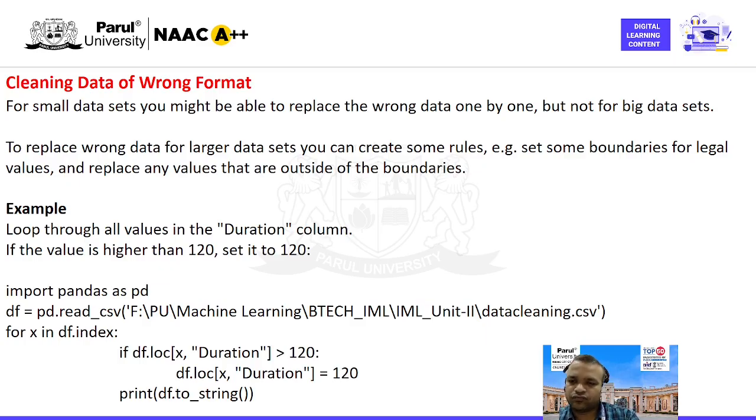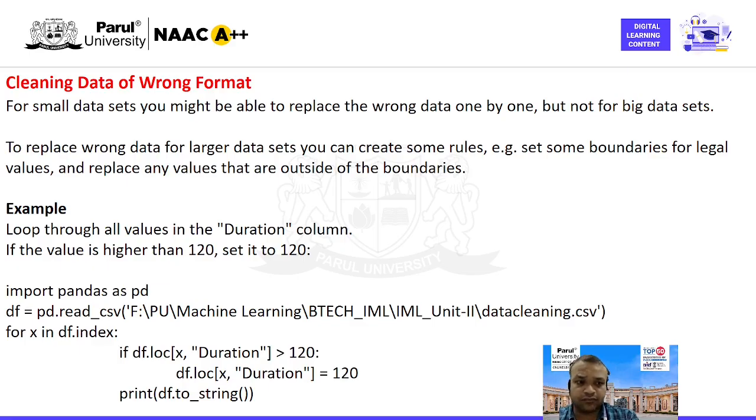Cleaning data of wrong format. For a small data set, you might be able to replace the wrong data one by one, but not for a big data set. You can check each cell one by one and identify wrong data, empty cells, or wrong format.